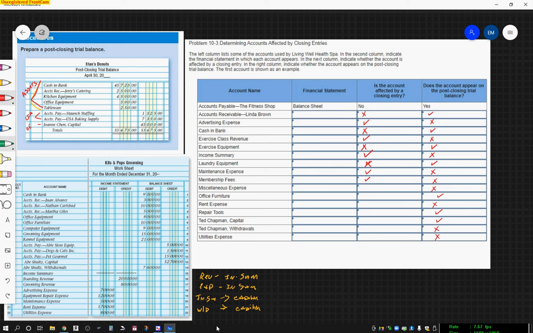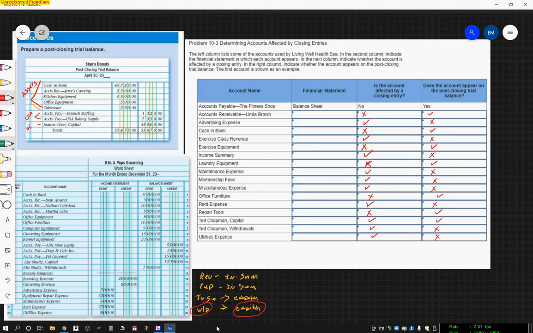We're going to say yes to both of those. Miscellaneous expense? Yes. Office furniture asset? No. And the rent expense? Yes. Tools asset? No. Capital? Well, don't forget the capital. Sometimes you skim right past that one. You would say yes to that. Withdrawals? Yes. And expenses? Yes. So X's mean no, checks mean yes.